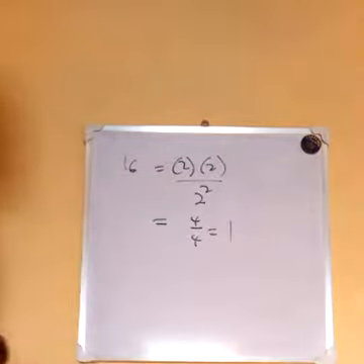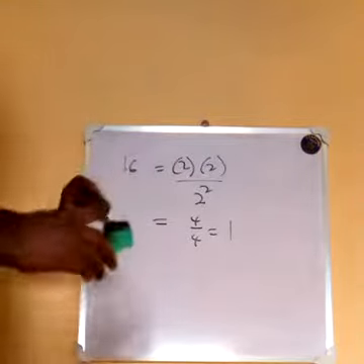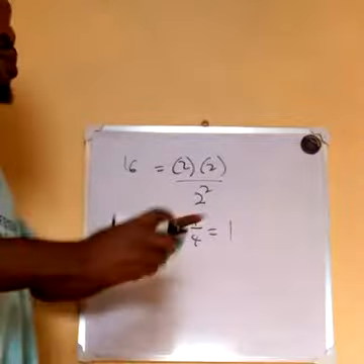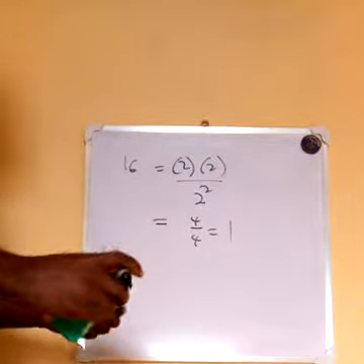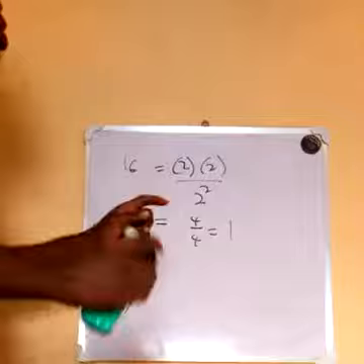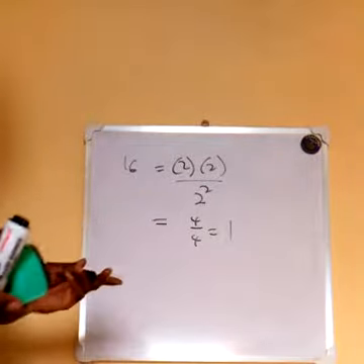Everything is 1, meaning the new force of attraction is also 16. No effect on the force, just because you double the mass of both and you also double the distance.